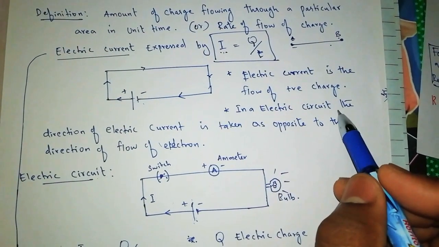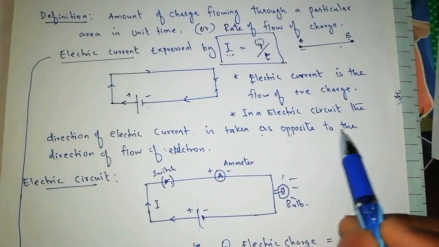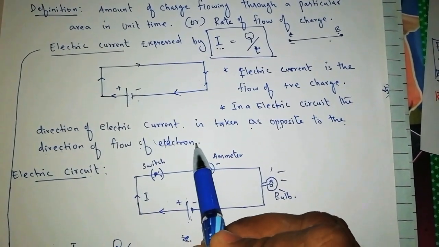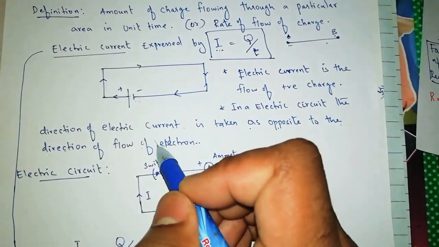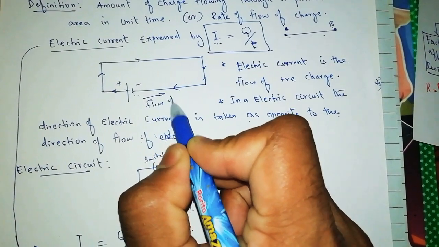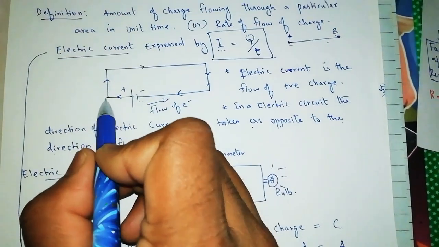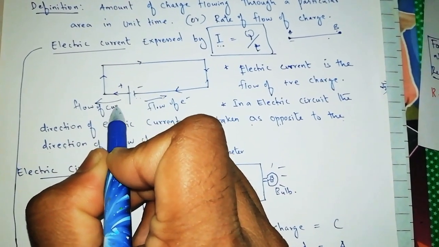But in an electric circuit, the direction of the electric current is taken as opposite to the direction of the flow of electrons. That means electrons will always flow from negative to positive. You have to keep that in your mind. This is the flow of electrons, and this is the flow of current.